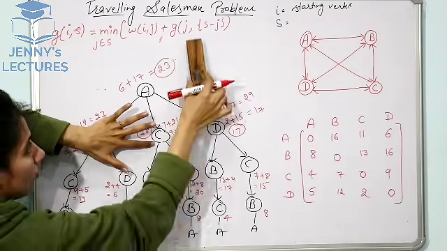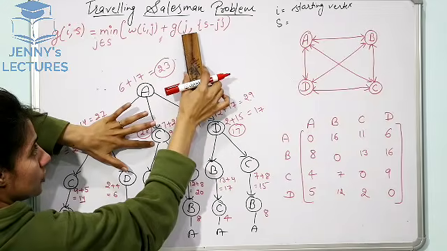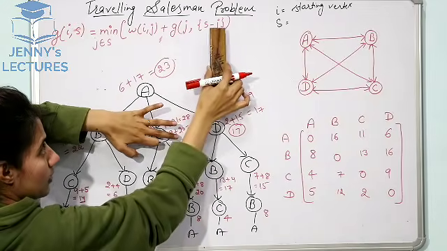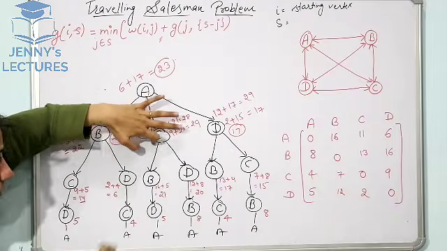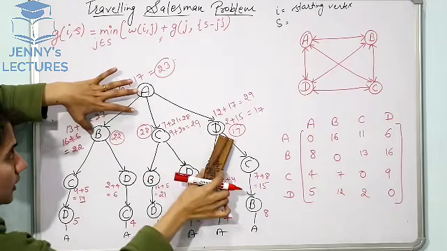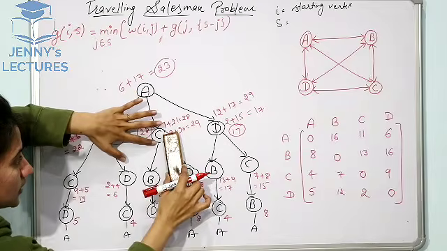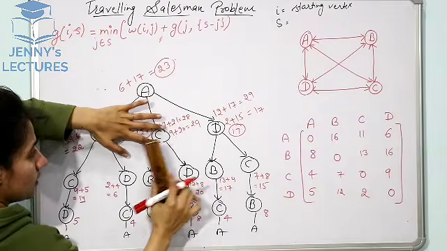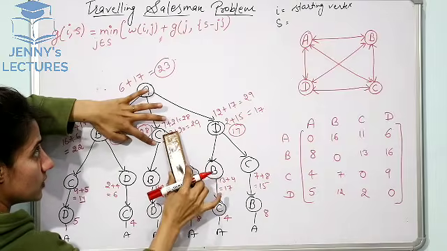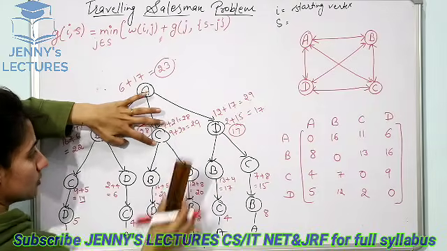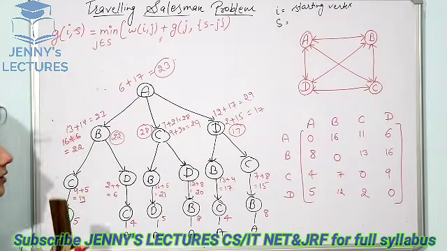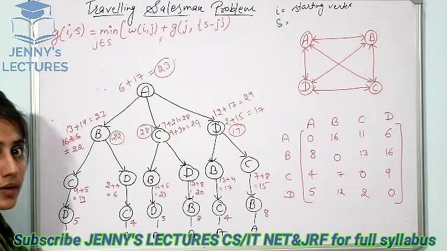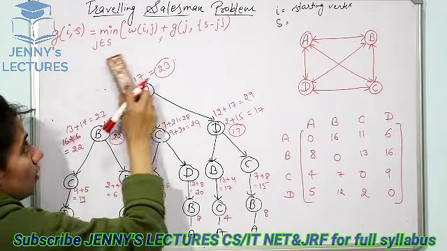That is why I have written J, and then J minus B and D, set minus J. Previous set was B, C and D, and after that we have selected C as J, then set would be B, C, D minus this C, means set minus J, then that would be B and D, and we will take minimum of these two. J belongs to this S. This is the general formula.